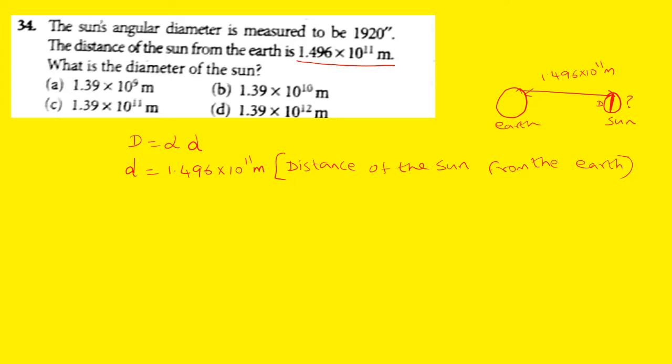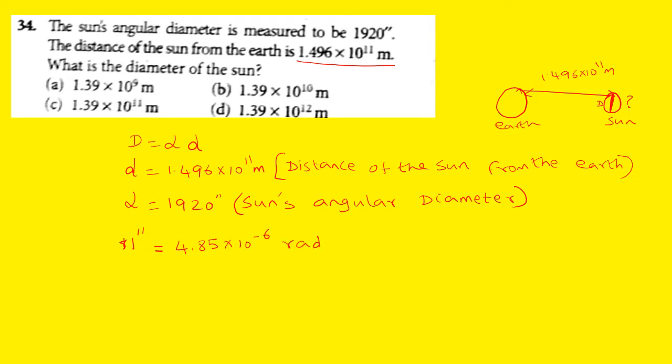So here the sun's angular diameter is given, alpha equal to the angular diameter, and you should remember this. 1 second is 4.85 into 10 power minus 6 radians.